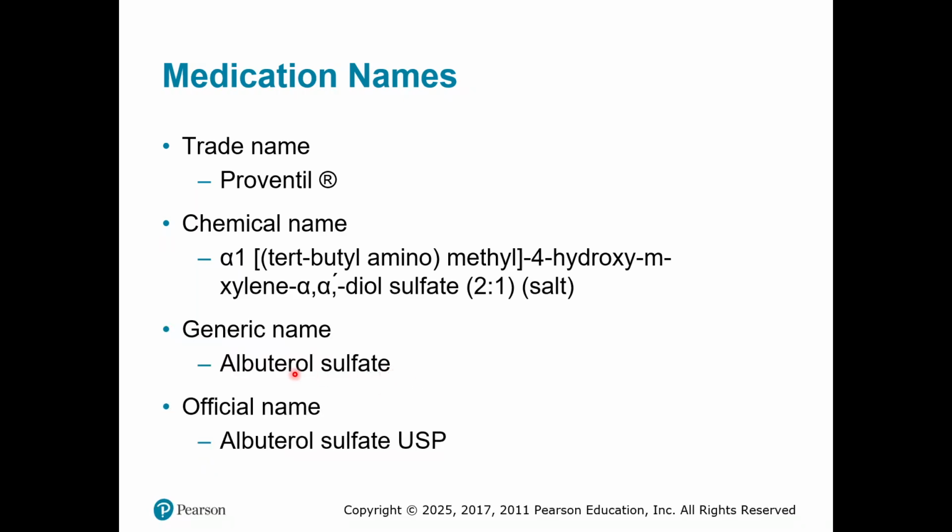The generic name, we call it albuterol sulfate. And its official name is albuterol sulfate, USP. So I know a lot of times you'll see test questions, right? And it'll say, what is the official name of this drug? Pick it. Look for the USP. It doesn't matter if you know it, find USP. And then you know, well, that's got to be it.